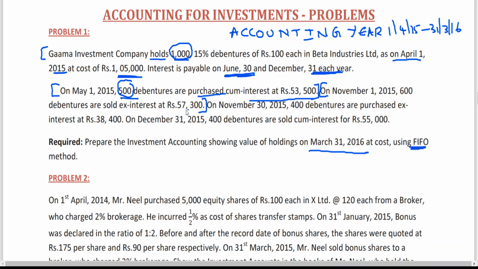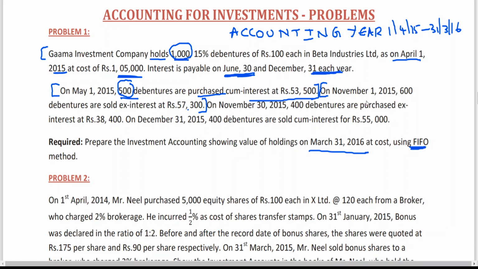Please remember, sale proceeds should be excluding interest. If it is cum interest, interest is to be deducted. If it is ex interest, interest is already deducted. But either cum interest or ex interest, I need to calculate interest, because at the time of selling the investment, I am collecting the interest from the buyer, because once I sell, he is going to get the interest.